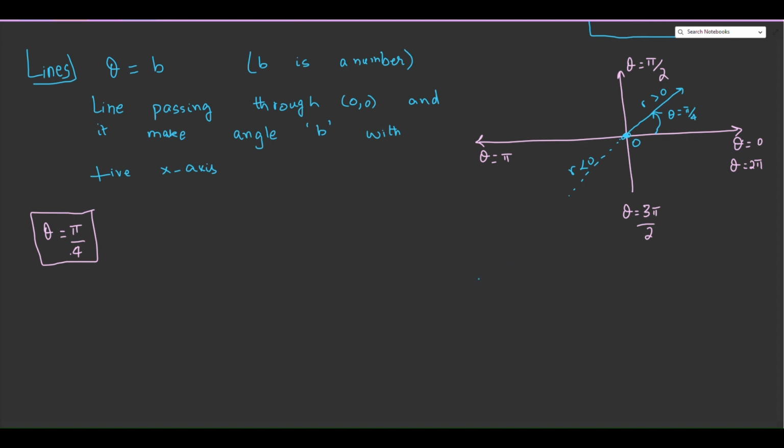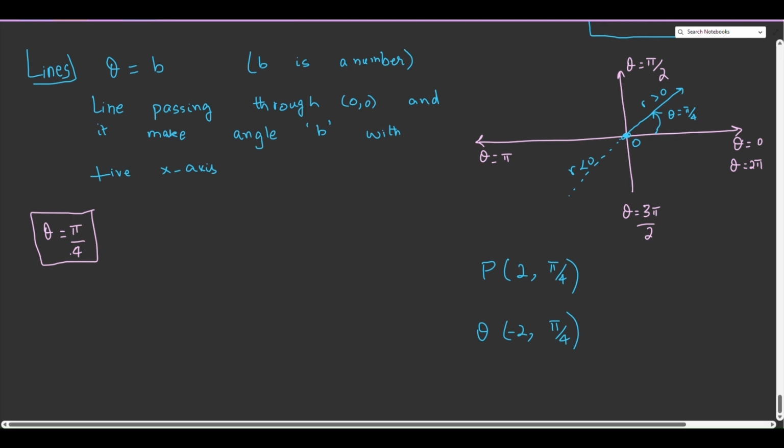Sometimes, for example, you are given a point P which has the coordinates (2, pi by 4), and a second point Q whose coordinates are (-2, pi by 4). These two are different points.